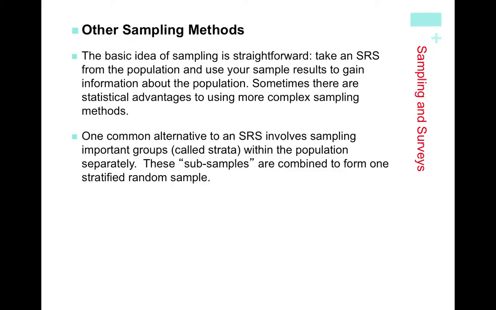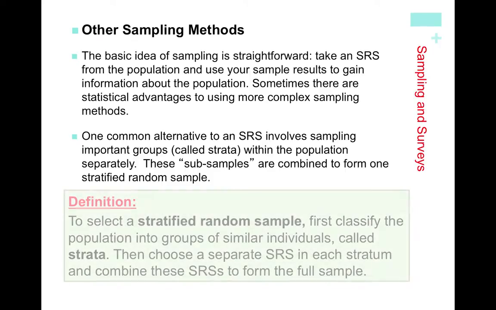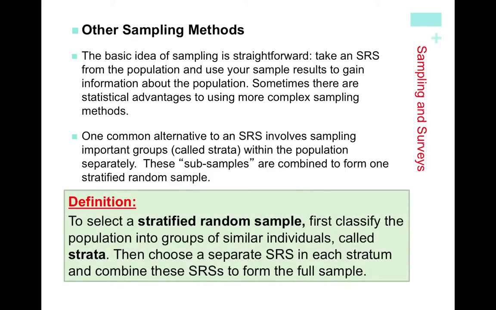Okay, so stratified random sampling works best when the individuals within each stratum are similar with respect to what is being measured and when there are large differences between each strata.